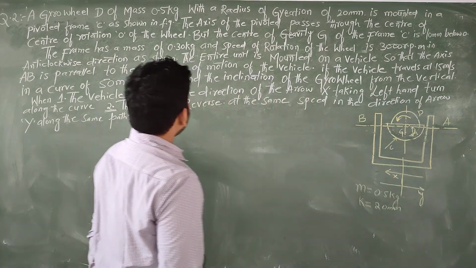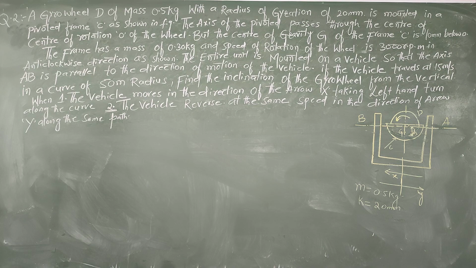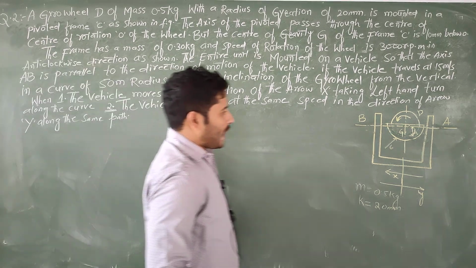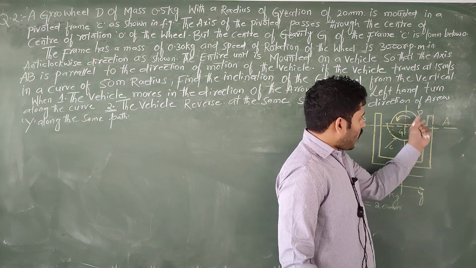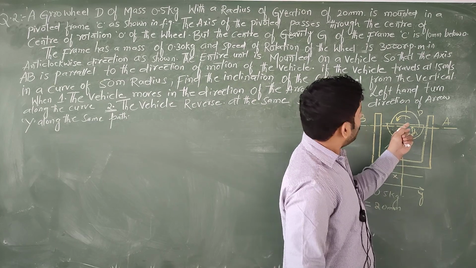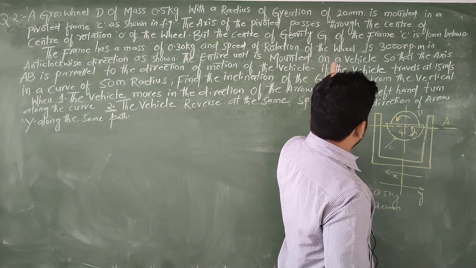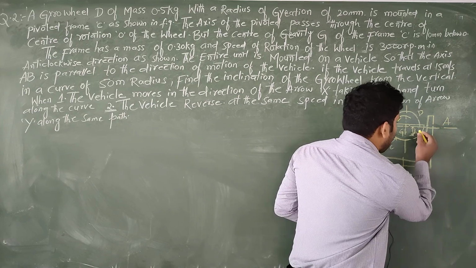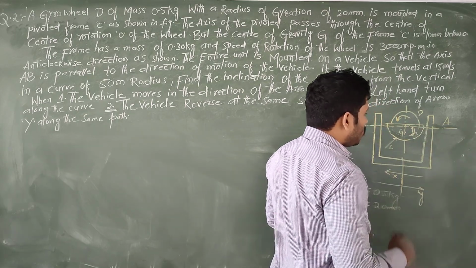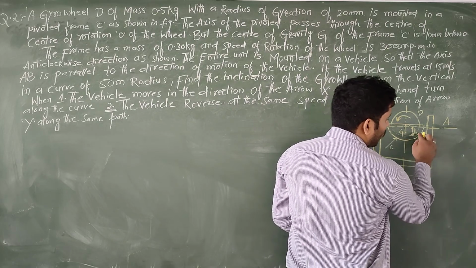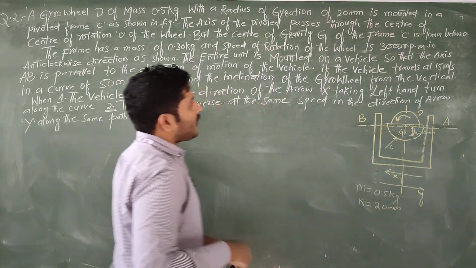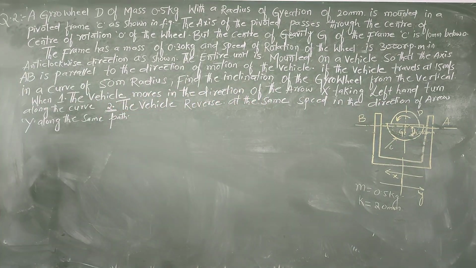But the center of gravity G of the frame C is 10 mm below O. So the center point of the gyro wheel is O, and the center of gravity G of the frame C is 10 mm below it. So OG equal to h equal to 10 mm, which means the height is 10 mm below the point O.